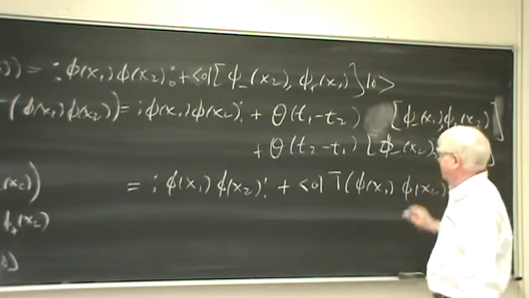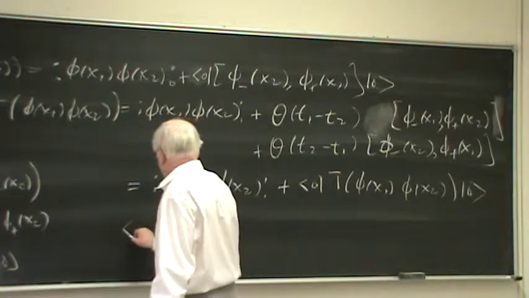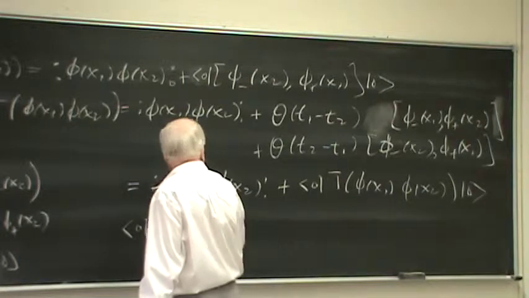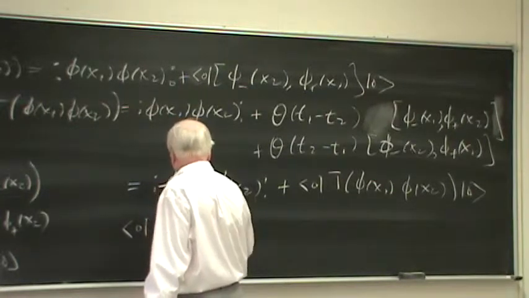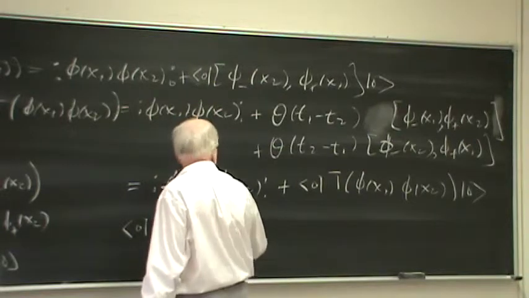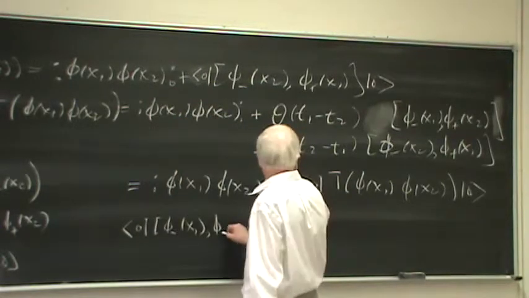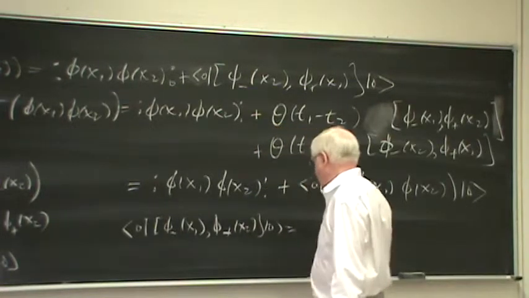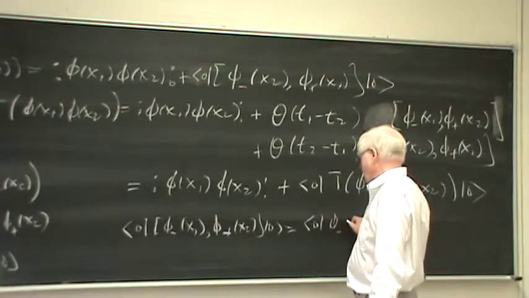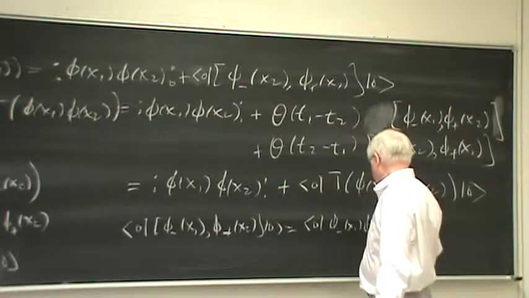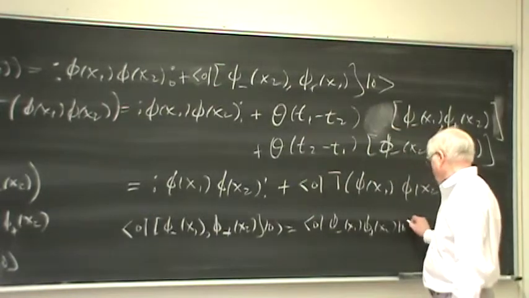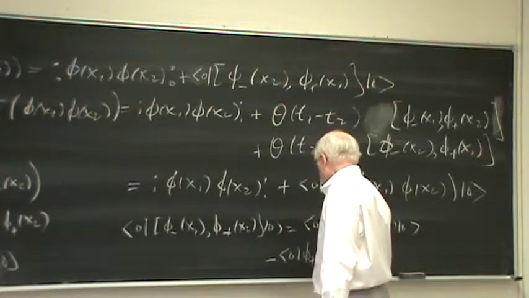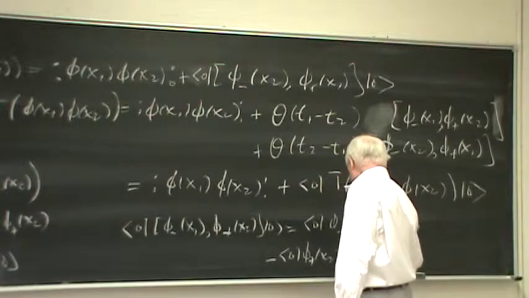Yeah, I think the point is this, that if you take the mean value in the vacuum of the conjugate of phi minus, let us say x, it doesn't really matter which time it is here because we've got a time ordering here. If we do this, then this thing is 0, phi minus x1, phi plus x2, and then minus 0, phi plus x2, phi minus x1.